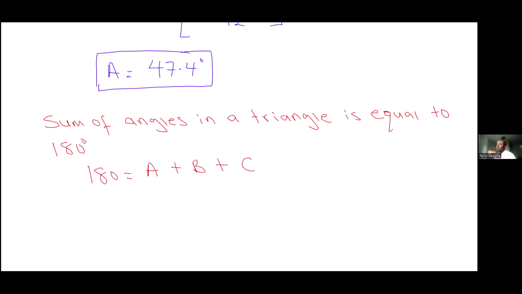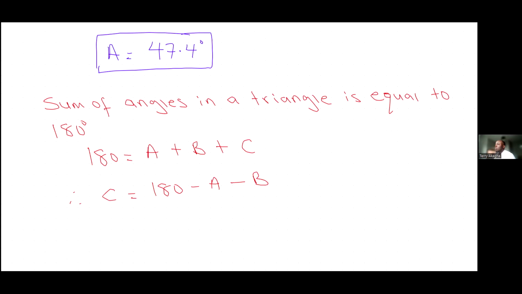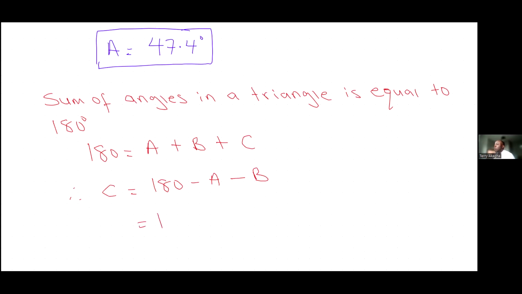But we're looking for angle C now. So therefore, angle C is going to be, we take A and B to the other side. So it's going to be 180 minus A, then you take B to the other side, minus B. So it's going to be 180 minus, our A was 47.4, minus, what is the B?